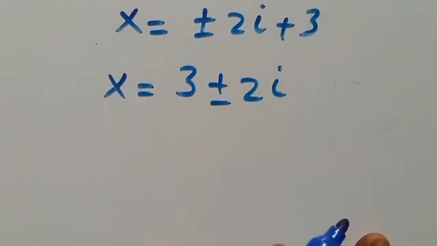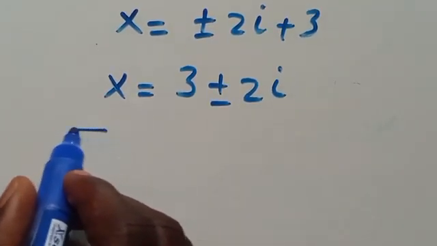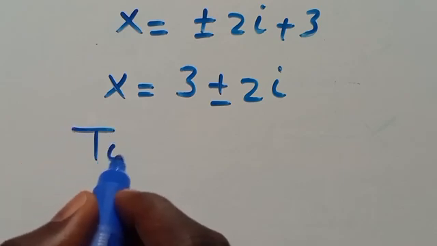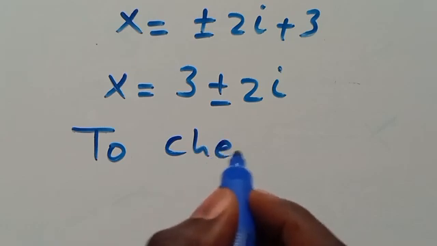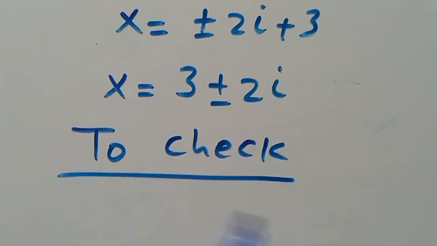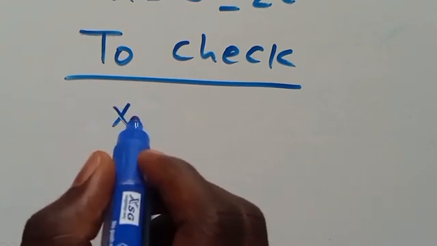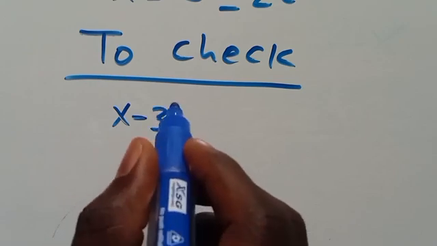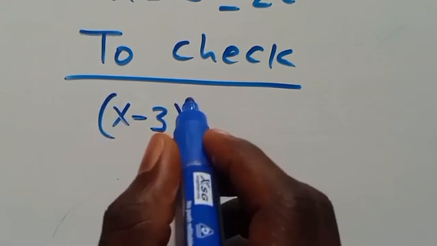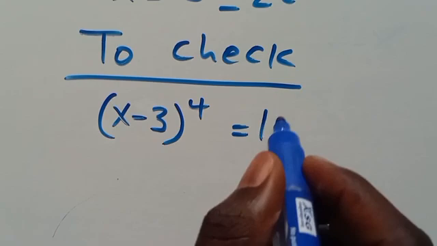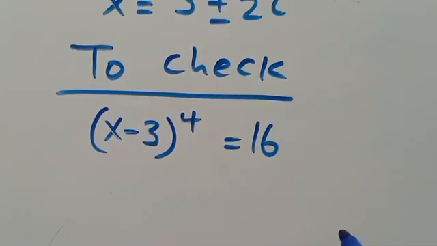So to check, we have x minus 3 in parentheses to the power of 4 equals 16.